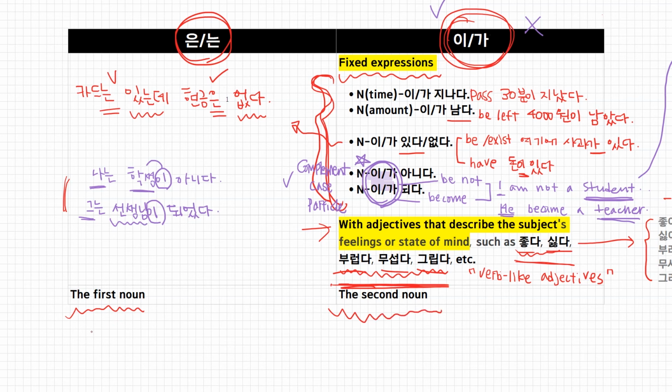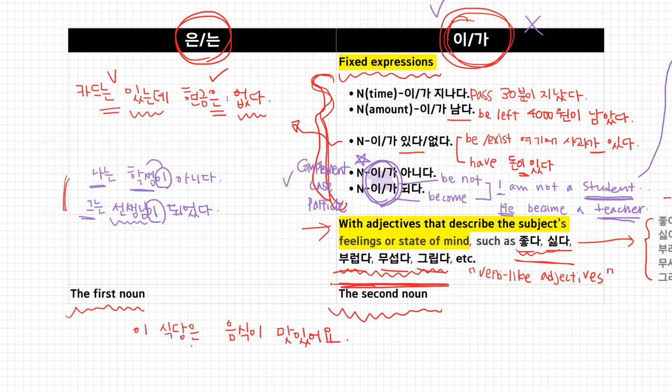One more example. 이 식당은 음식이 맛있어요. So 맛있다, delicious, and there are two nouns. This restaurant, food. 은 is attached to the first noun and 이 is attached to the second noun. It means the food is great in this restaurant.